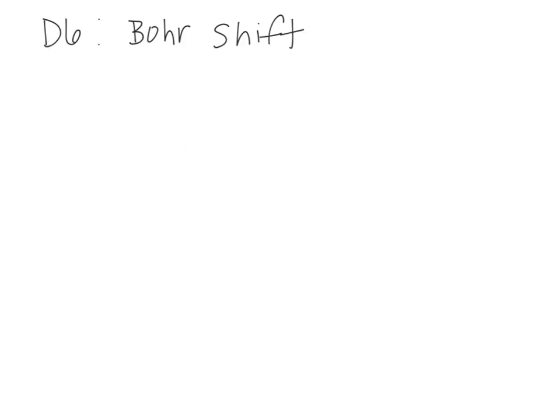Now let's move on to something called the Bohr shift. And the Bohr shift basically measures the effect of carbon dioxide on hemoglobin and its ability to hold on to or donate oxygens.